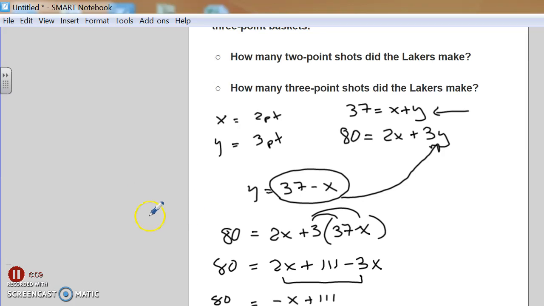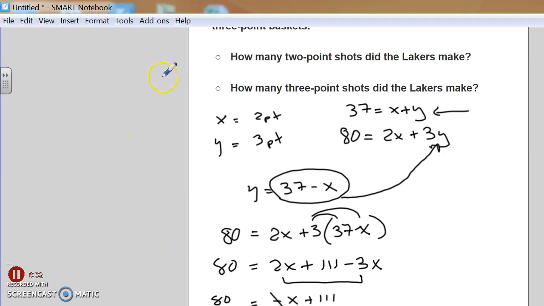I'm just going to make my variables positive, so I'm going to get X plus 80 equals 111, and I'm going to subtract 80, and I get X to equal 31. What does that mean?